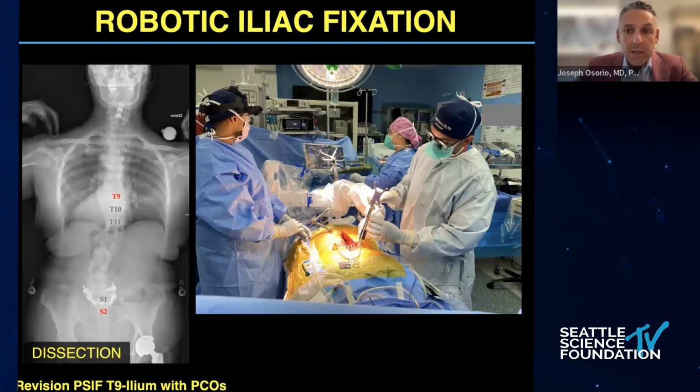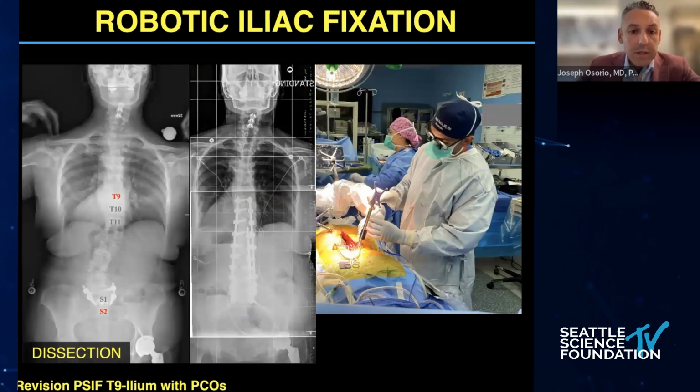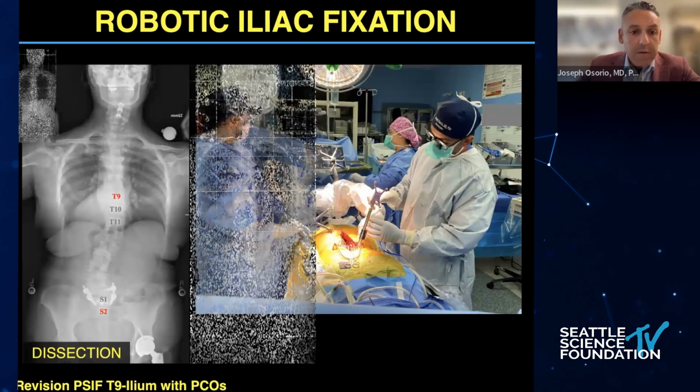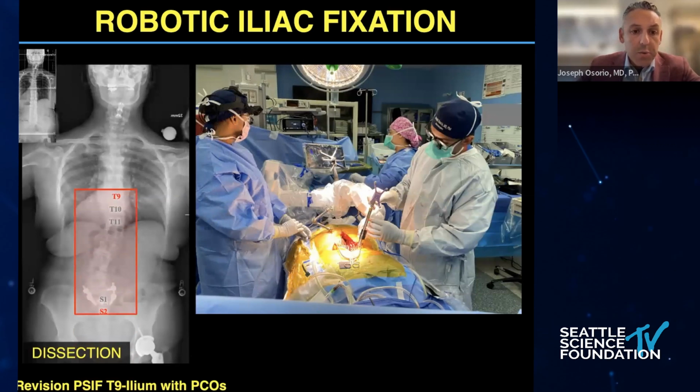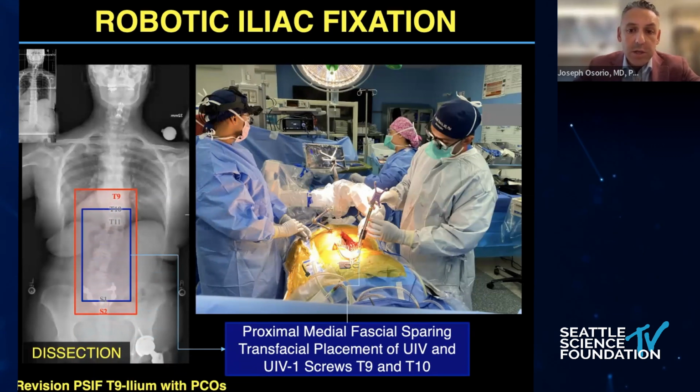So when you look at a case like this, this is a patient who I offered a T9 to the ilium, and I've highlighted here sort of the region that I would normally expose if I was doing open freehand, which I've done plenty of before I introduced robotics. Now with robotics, that incision and what I actually have to dissect is going to be smaller.